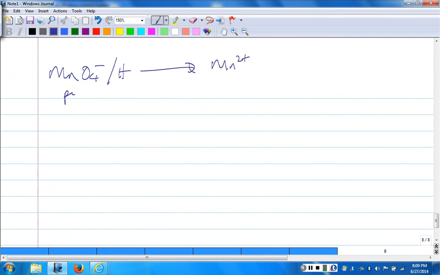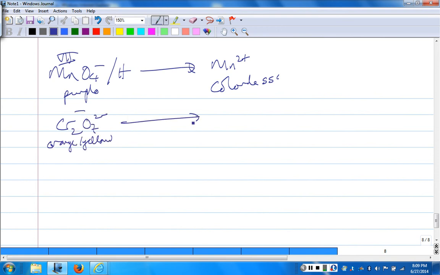This is purple, this is manganese 7, and this is colorless. Really, it's actually a very pale pink. When I'm taking chromium 6, as in dichromate, this is an orange, sort of yellow color. It gets reduced under acidic conditions to chromium 3+, which is green, so pretty green.